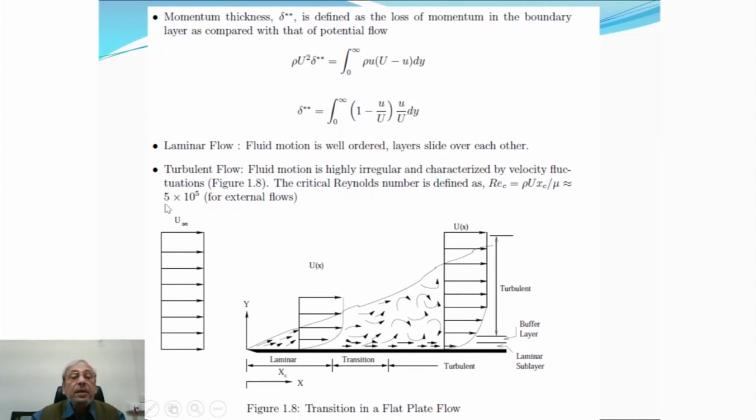On very convex bodies like a circular cylinder, this has to be redefined. But usually for flat flow and flow with mild curvature, the critical Reynolds number is 5 into 10 to the power 5, based on free stream velocity and distance x from the leading edge. When it reaches 5 into 10 to the power 5, the transition from laminar flow to turbulent flow likely takes place.